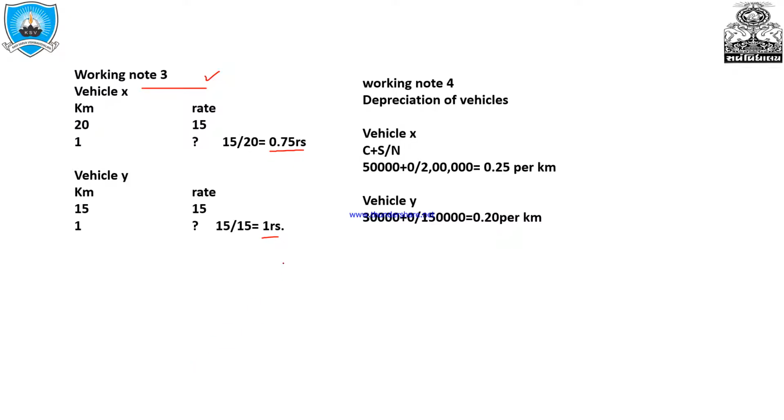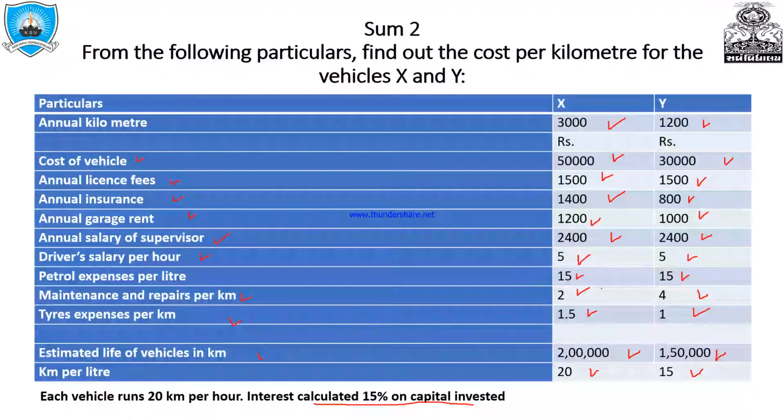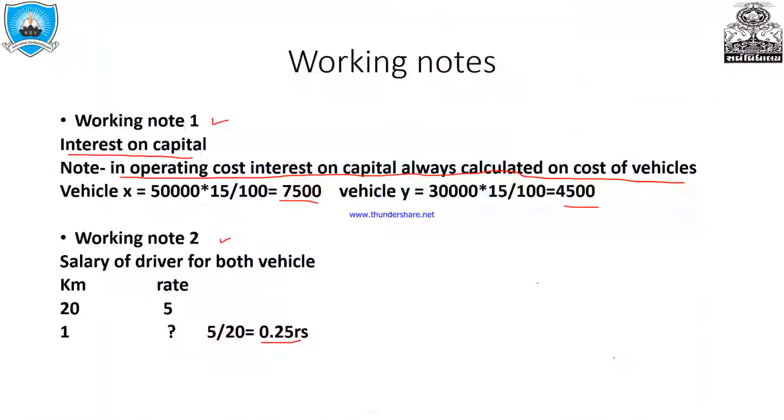The formula of depreciation: cost of vehicle minus scrap value divided by life of vehicle. So vehicle X cost 50,000, no scrap value, and divide by 2 lakh, the life of the vehicle.